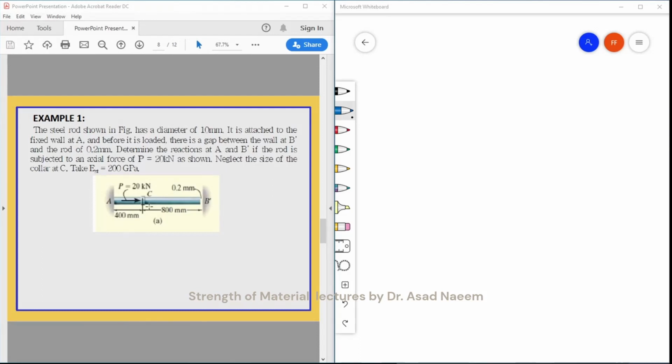forces at B. But we know there's some kind of a machine that is applying 20 kilonewton force in this direction on this, जो ये थोड़ा सा extend हुआ हुआ है kind of a collar, तो उसके ऊपर 20 kilonewton force लगी. Now अगर यहाँ B नहीं होता then it will be simply a statically determinate structure.